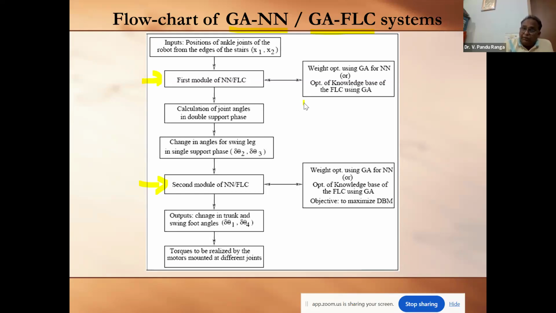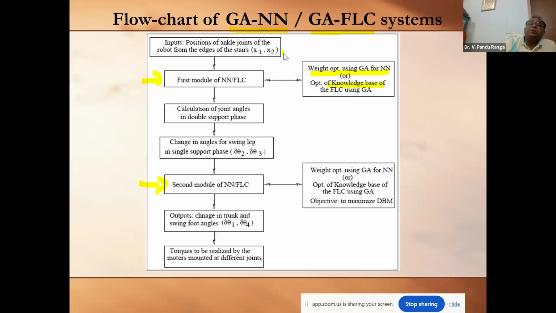The input parameters and the output parameters are the same for both modules. The only difference is that in the case of GANN, the purpose of GA is to optimize the weights of the neural network, whereas in the case of GFLC, it optimizes the knowledge base of the fuzzy logic controller using the genetic algorithm. So the purpose of the genetic algorithm is the same in both modules.